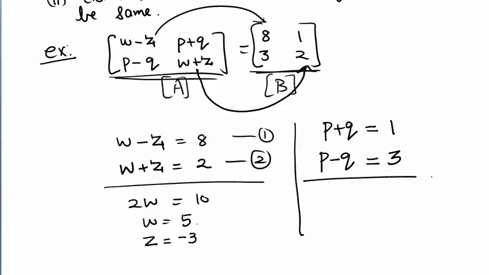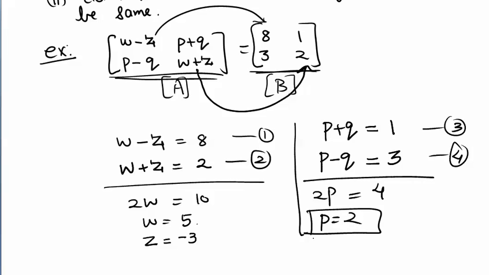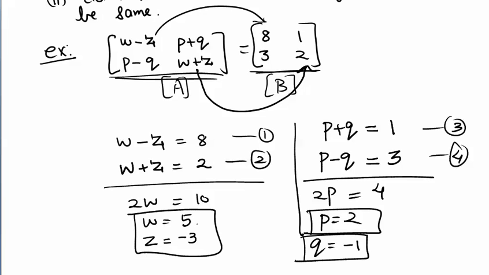Let's name them equation 3 and equation 4. So 2P is equal to 4, or P is equal to 2. Similarly, Q will be equal to minus 1. So these are your values of P, Q and W, Z, right? Simple thing, but yes, questions are asked on such fundamentals.